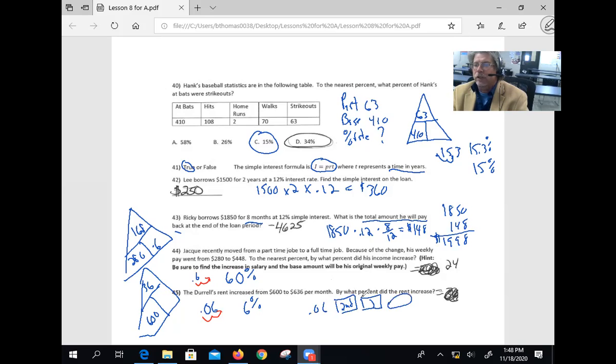Then all you have to do is hit the enter button, and it'll give me that 6%. So you can change decimals to percents on the calculator if you want to. So that's a little bit of a review of some of the percent stuff.